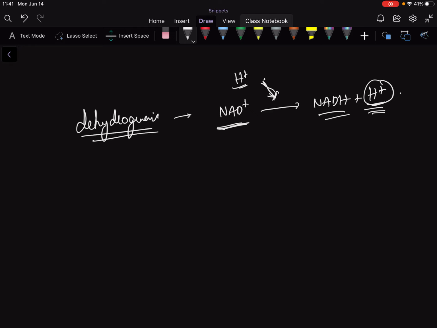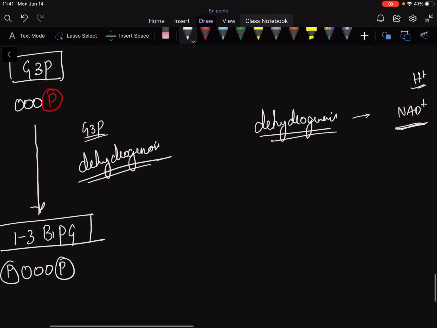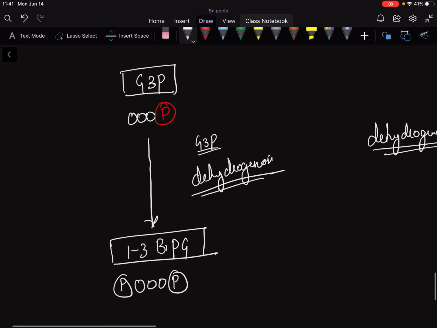Okay, protons and electrons are being accepted here. And not only that, so here NAD plus is getting converted into NADH. A proton is being added, so NADH plus H plus.